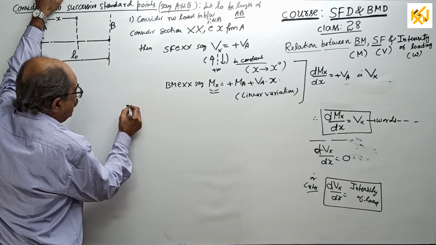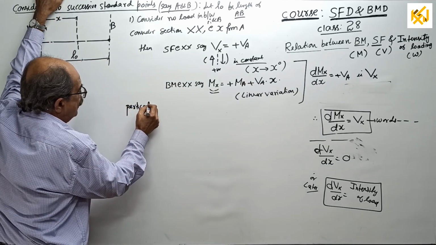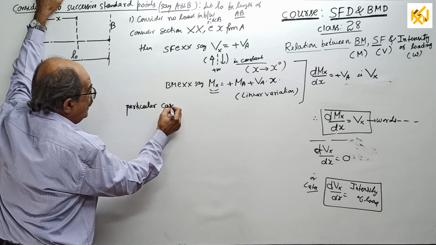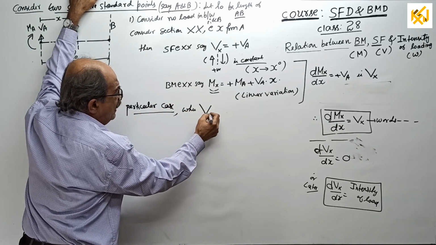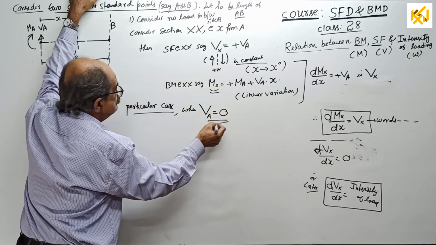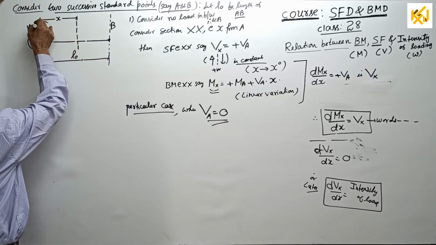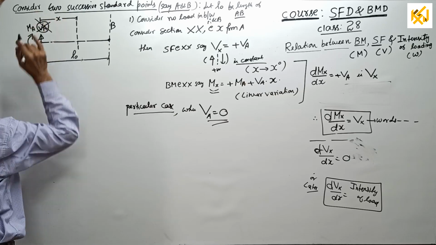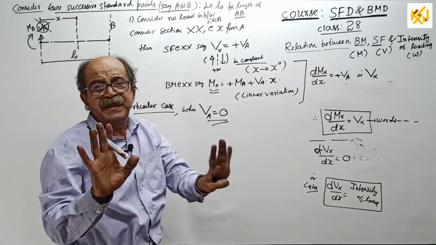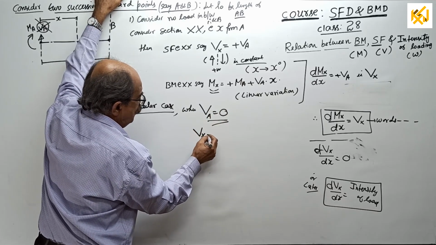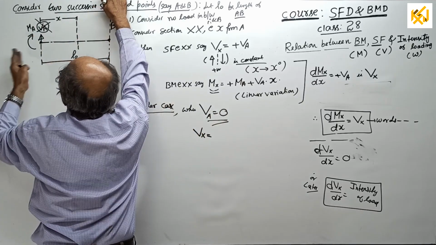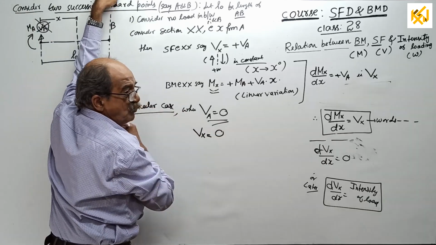Now do one thing. Consider a particular case here, that is when Va equal to 0. That is, this Va is not there. If the Va is not there, see what happens. Then your shear force Vx will be equal to, look this side, nothing is there, 0.